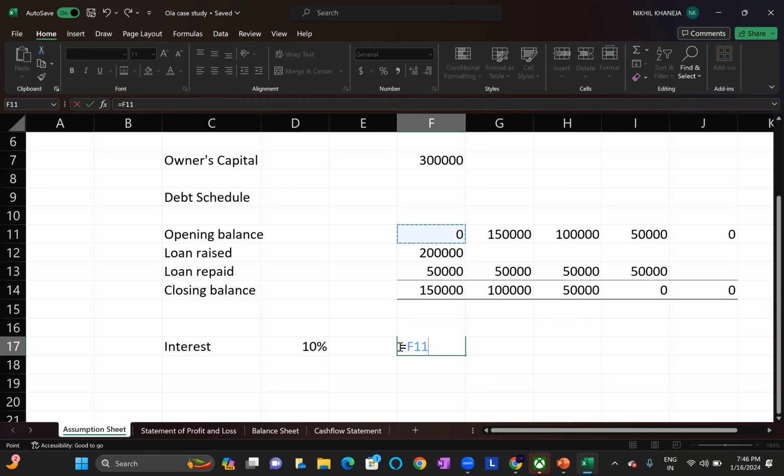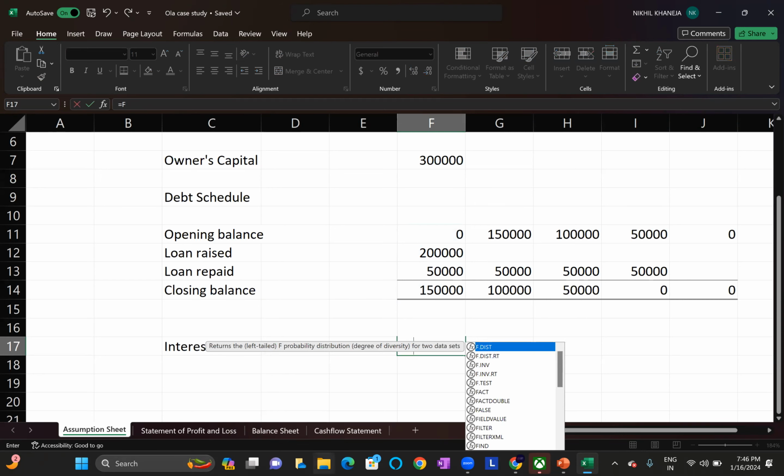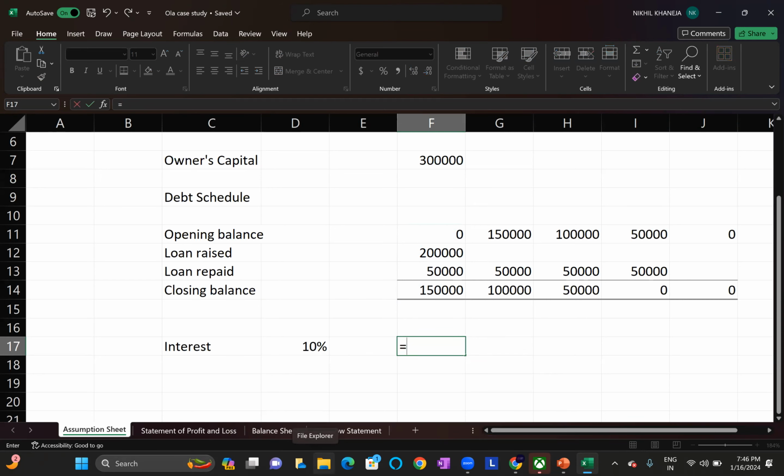Opening balance, I will keep it under bracket, plus loan raised. I am assuming in this question that repayment has been done at the end of the year. So 2 lakh is the amount which has been used by Mr. X throughout the period, at the rate of 10% interest. Okay. 20,000 for first year.